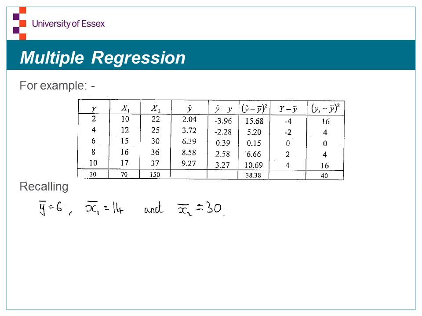So here's my table of working for R squared, and I've got to work out the means as well. If I throw all of these values into the formula, the key two are this one here, 38.38 and 40. And so my goodness of fit is 38.38 divided by 40, which is 0.96.